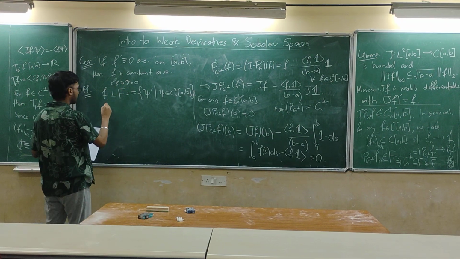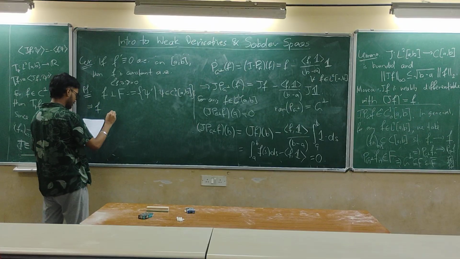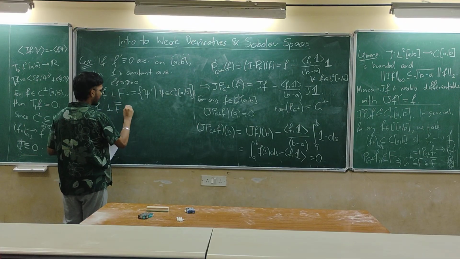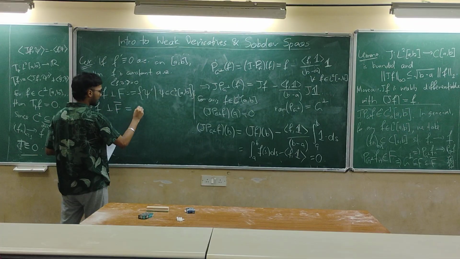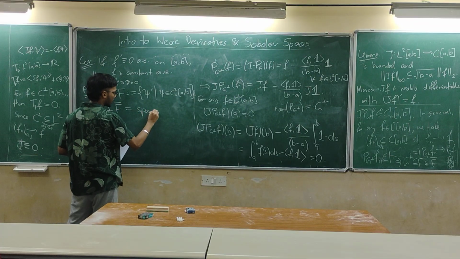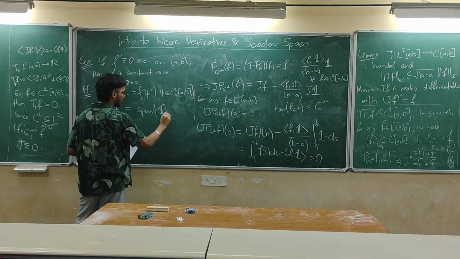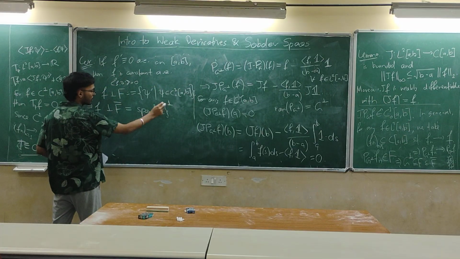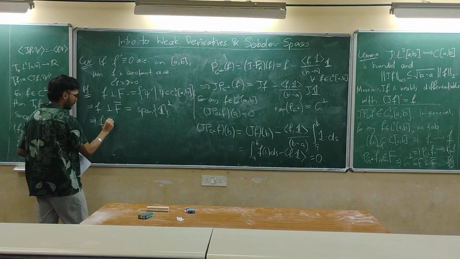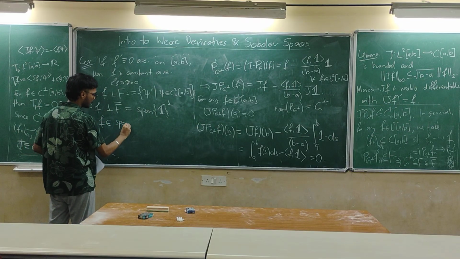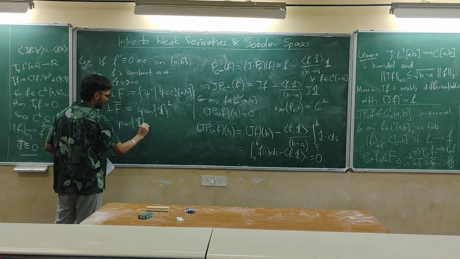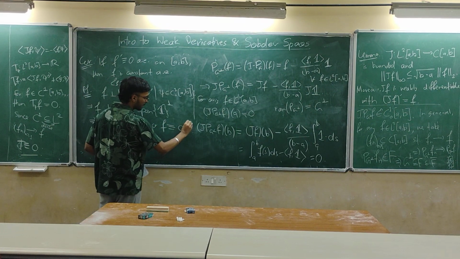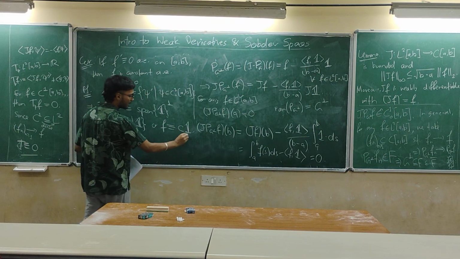So f is perpendicular to F, but F closure was shown to be the orthogonal complement of the identity. And since the orthogonal complement is clear, it must imply that f is contained in the span of the identity, or f itself is a constant c times identity, and that is true.